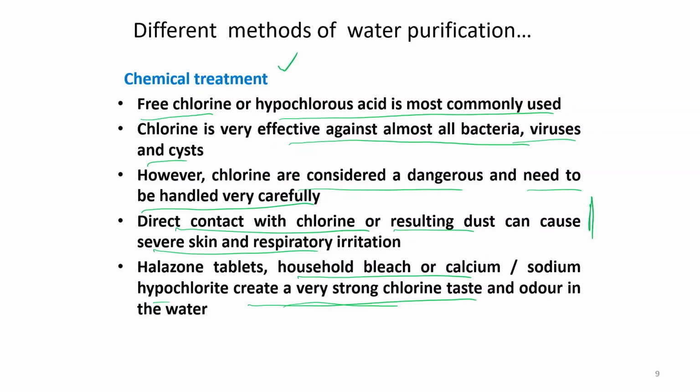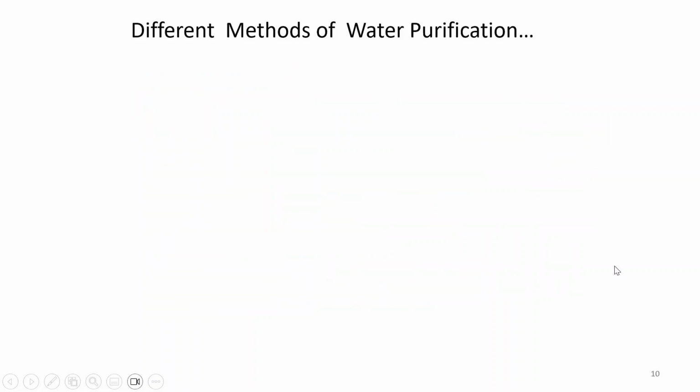So, if we use the halogen tablet, that is a chlorine tablet, or some type of bleach just to kill these bacteria and viruses, the main problem is that this will change the taste and smell of the water. So, that is why for drinking water we normally do not use chlorine nowadays.